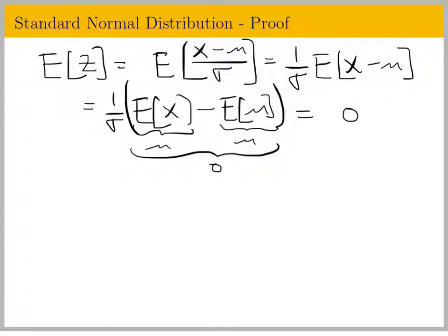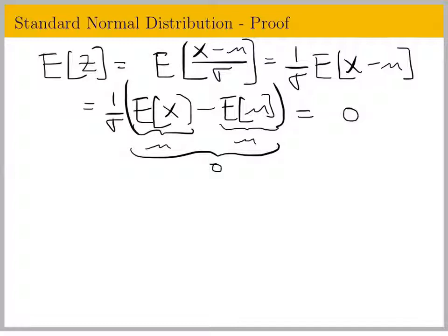Sigma times 0 must be 0. So this highlights a very nice property that you should memorize. The expected value of any random variable minus its mean must be 0. You are by definition subtracting its mean from every possible realization of that random variable. So taking the expectation and then subtracting off the mean, you're always going to end up with a mean 0 random variable.